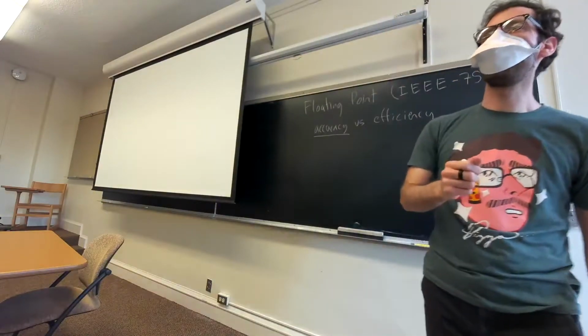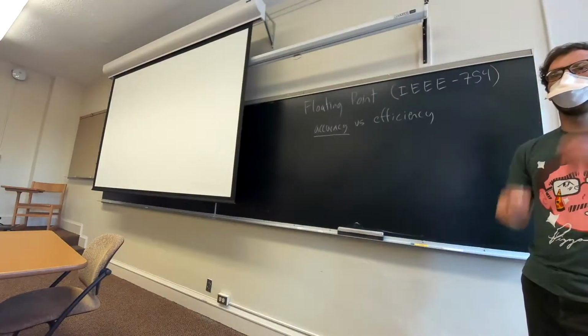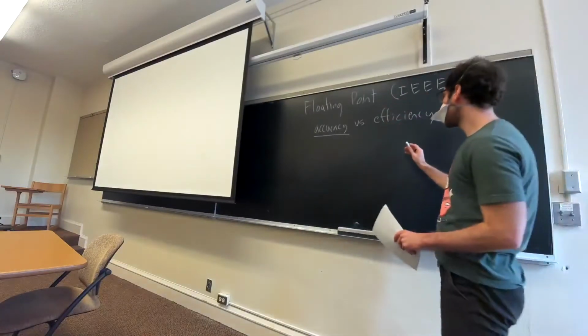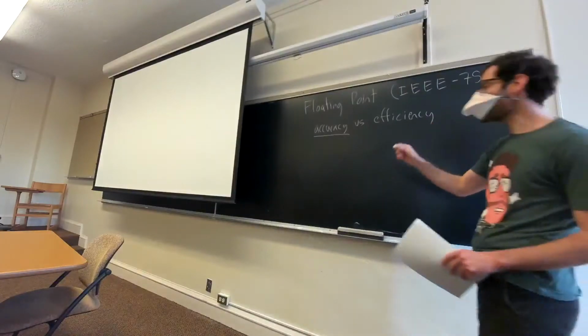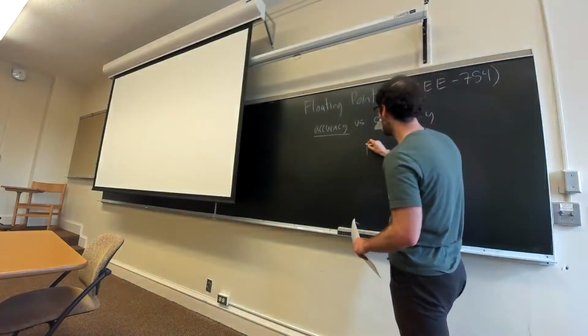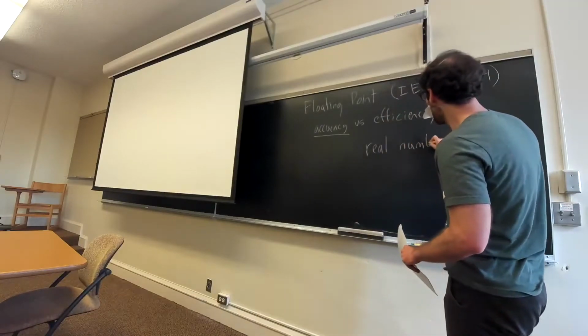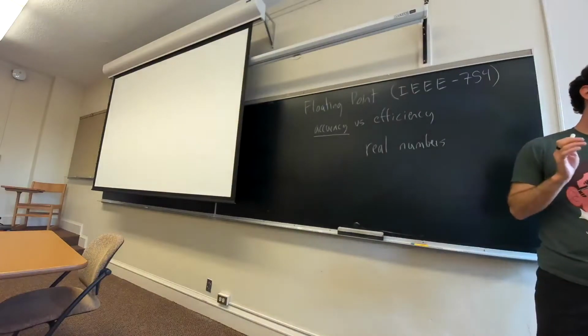What do you think? Is a floating point just anything with a decimal? That's a good question. What we're really concerned with is that we'd like to be able to represent real numbers on computer systems.